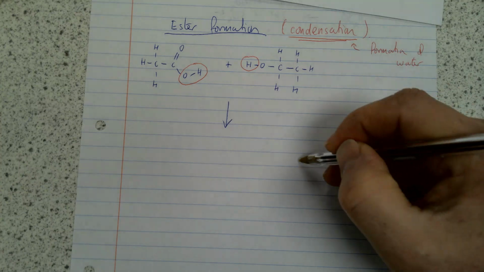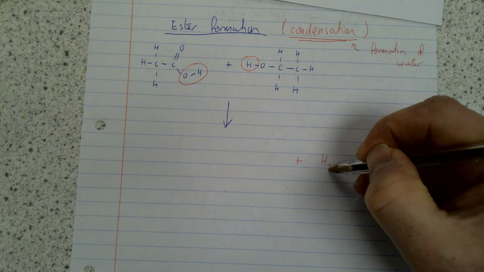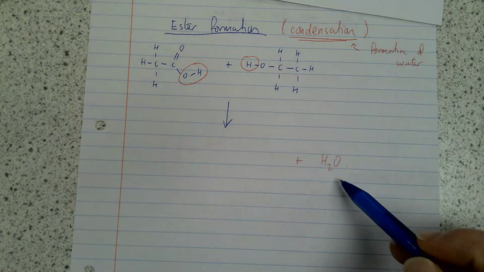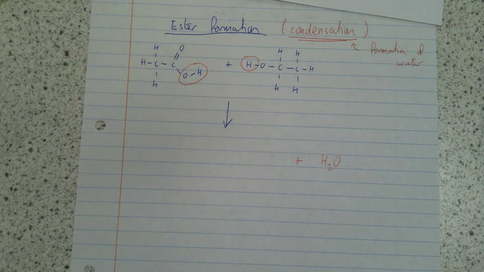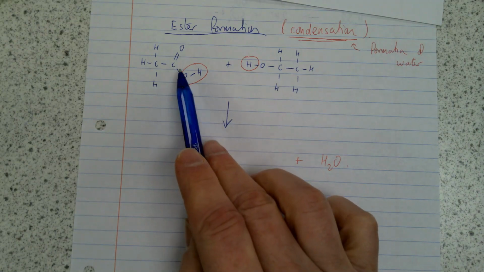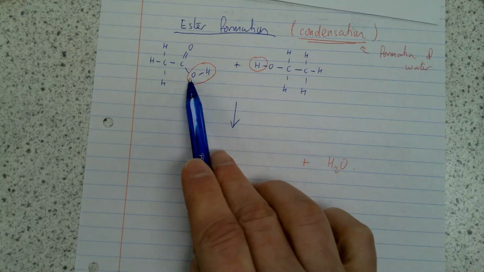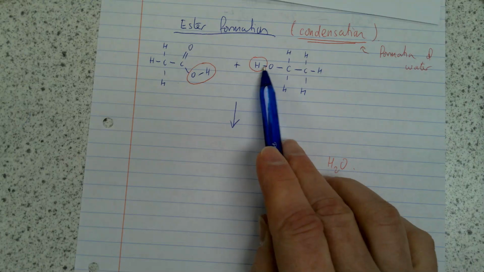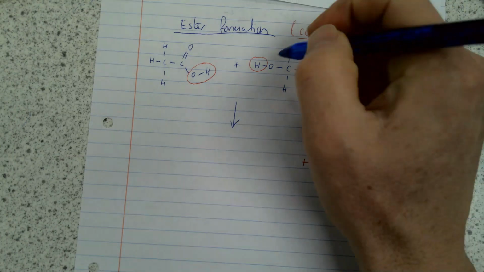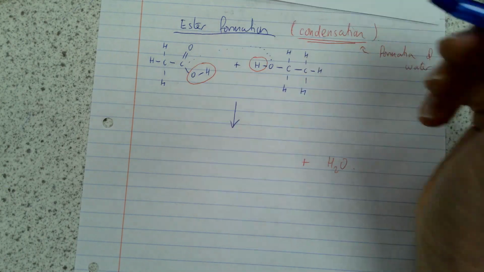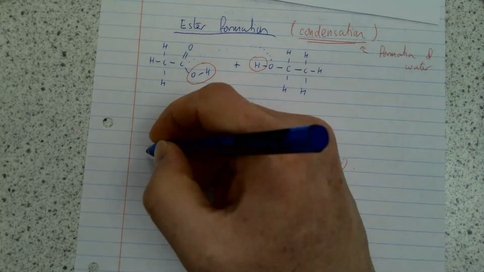Those atoms in the carboxylic acid and the alcohol turn into water. That means this carbon is no longer attached to this oxygen, and this oxygen is no longer attached to this hydrogen. What's happened is this oxygen has joined up with this carbon and spat out the water, essentially.